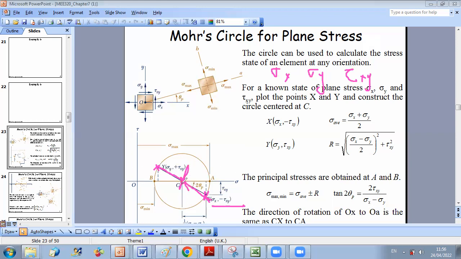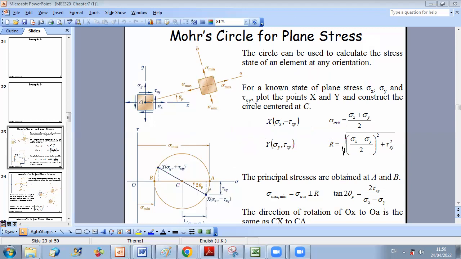And of course, the coordinate of the center will be sigma average equals sigma x plus sigma y over 2, and it will be on the sigma axis. So for the center, tau is 0. So tau C is 0, while sigma C is sigma average. And now I can construct the circle.